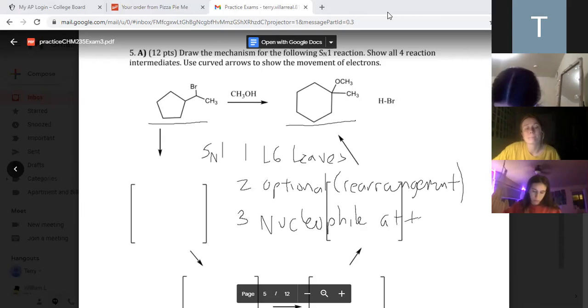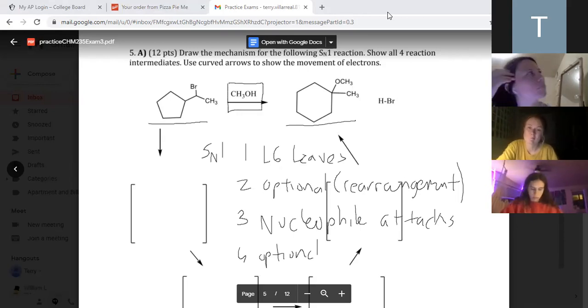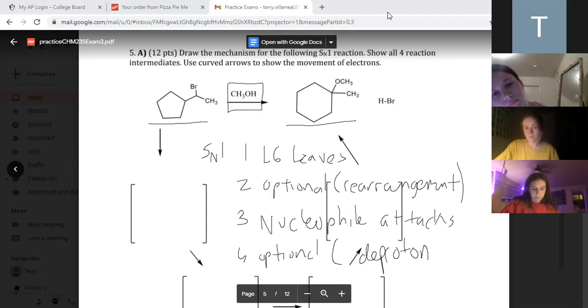And step 4, this is again optional, is if your nucleophile is water, alcohol, or carboxylic acid, one of those 3 groups that has an extra proton, you are going to have a deprotonation. You are going to remove your extra proton. And these should be your 4 steps of SN1 mechanism.